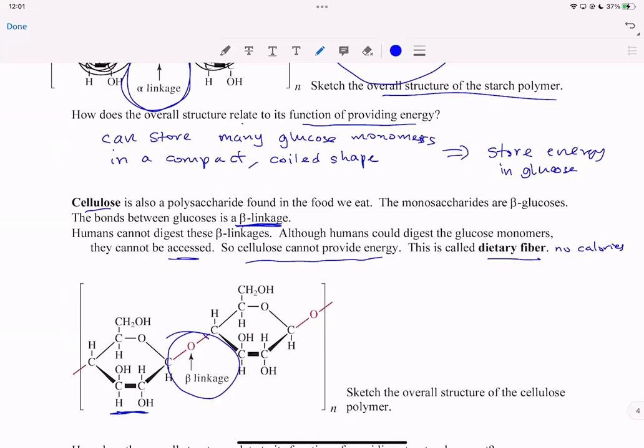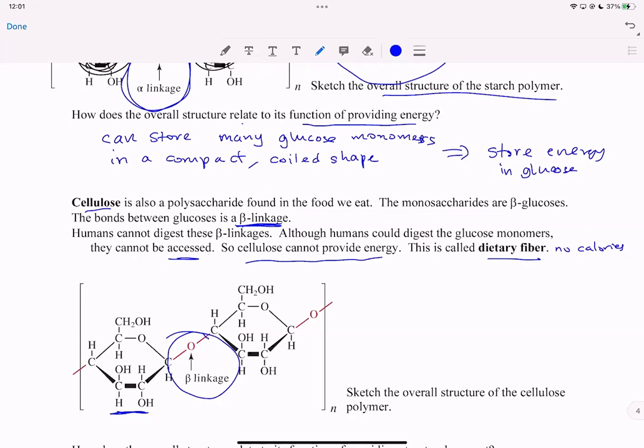Fiber does have an important role, though. When you eat food that has starch, the starch provides calories. When you eat foods that have fiber, the fiber goes through and basically cleans out the internal digestive system as it works its way through, because it is not digested.